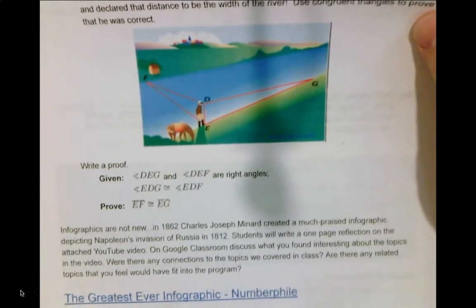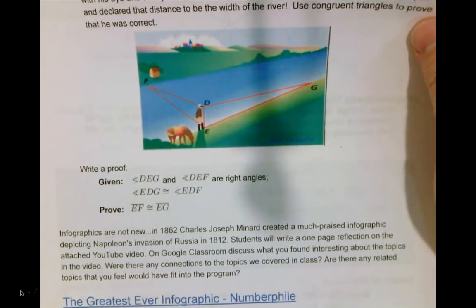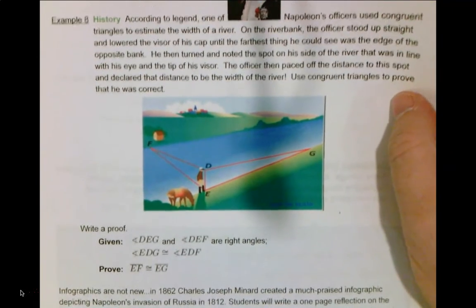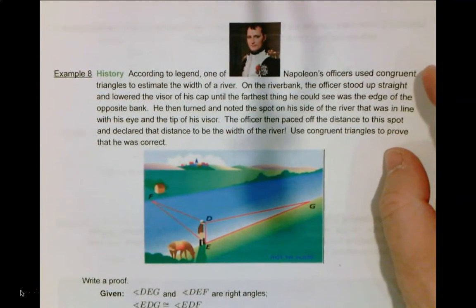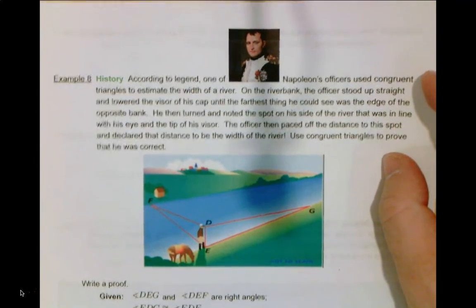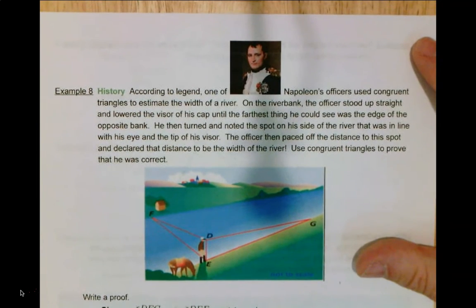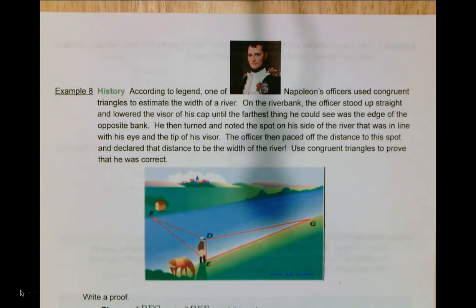But this problem is related to this campaign, because, as you'll see in the video, they have to cross a river. Any of you that have ever done any sort of hiking know that crossing even a small brook or a stream or a river can be difficult.